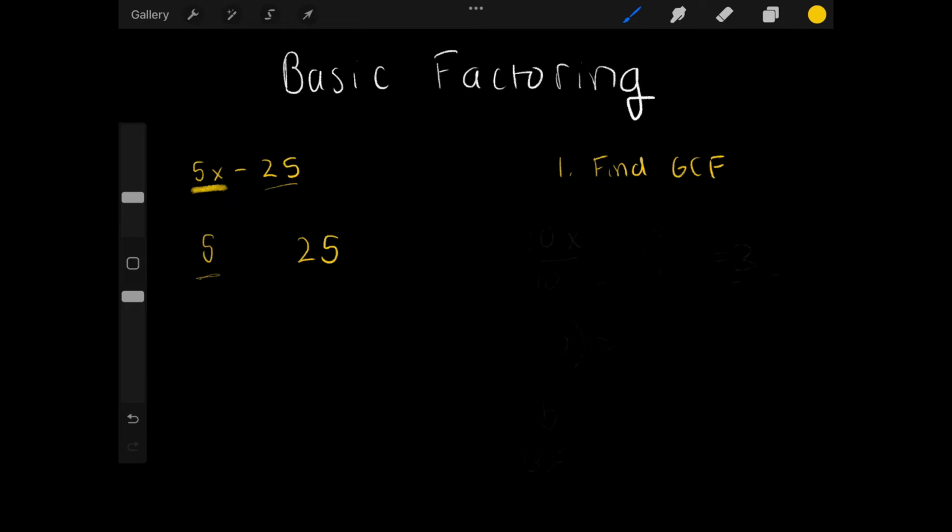Or your smallest integer. So in this case, you have 5, so your GCF is going to be less than or equal to 5. Because if it's greater than 5, for example, if it's 6, then we would get a rational fraction. We wouldn't get an integer. So now that we have a parameter for our GCF, we're going to list out our possible options.